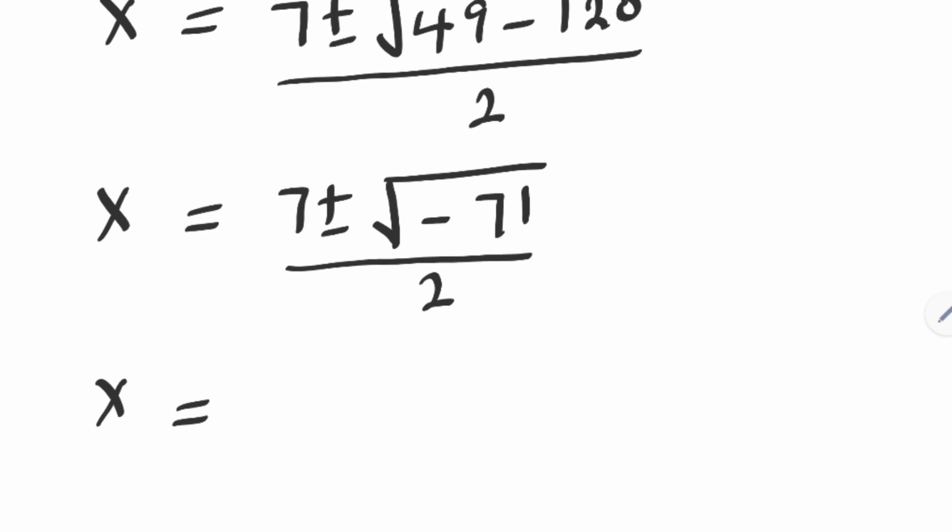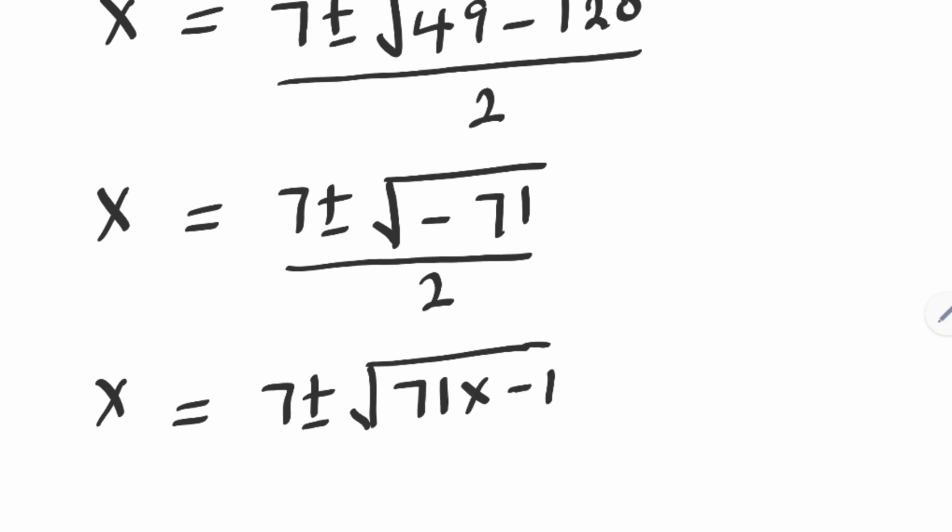Square root of minus 71 can be written as square root of 71 multiplied by minus 1, divided by 2. Square root of minus 1 is equal to i.